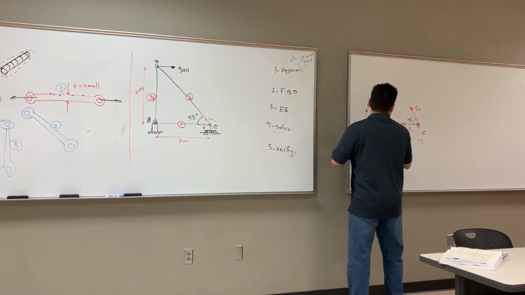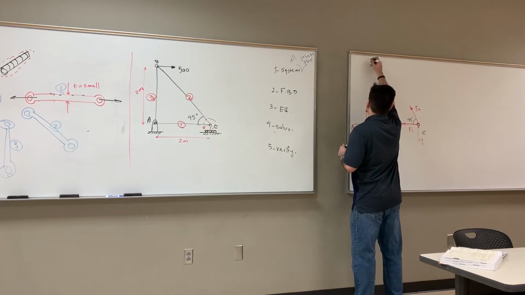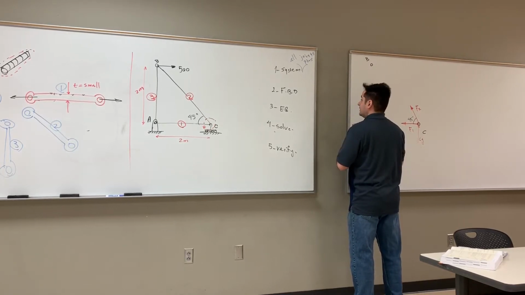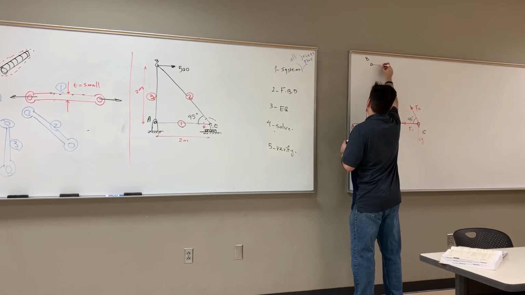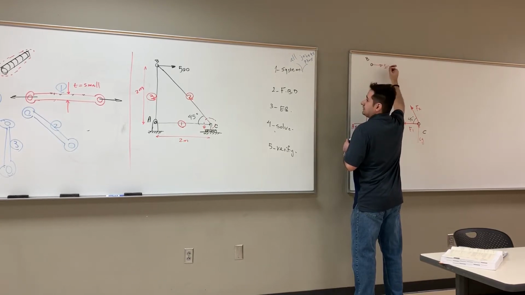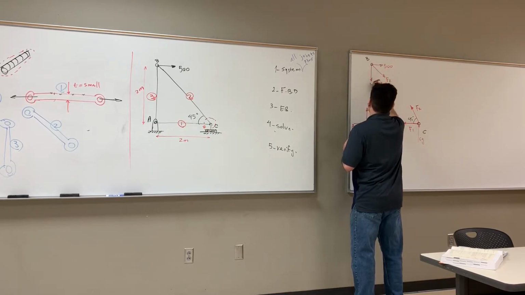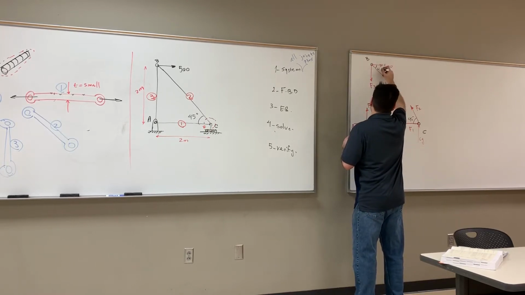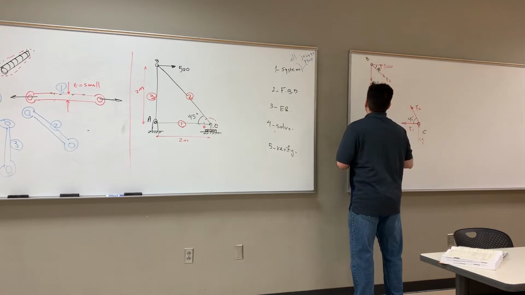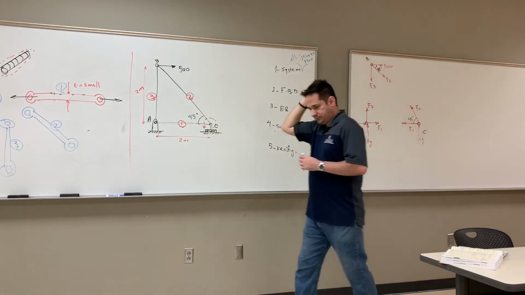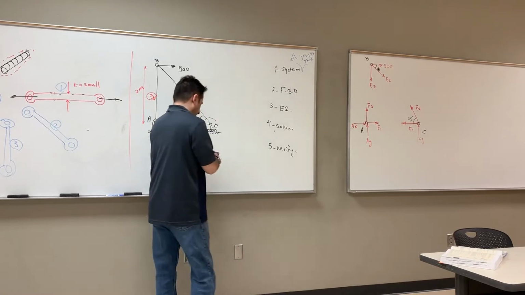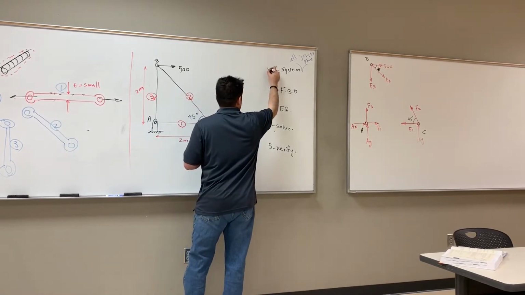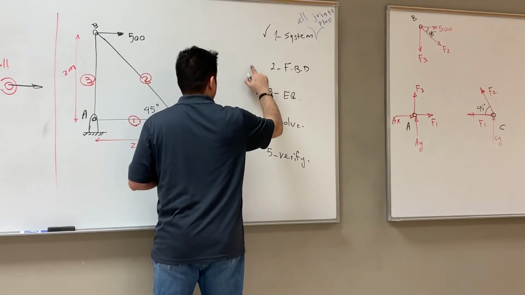Now go to the last system, joint B, so you get 500, F2, F3, and this is 45 degrees. That's all. Those are my free body diagrams. Don't forget to check mark it. So systems are all joints because this is the method of joints.